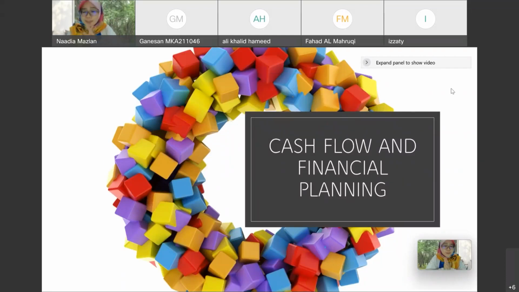Okay, so now we are going to look at cash flow and financial planning, and the relationship between it and the pro forma that we learned last week.